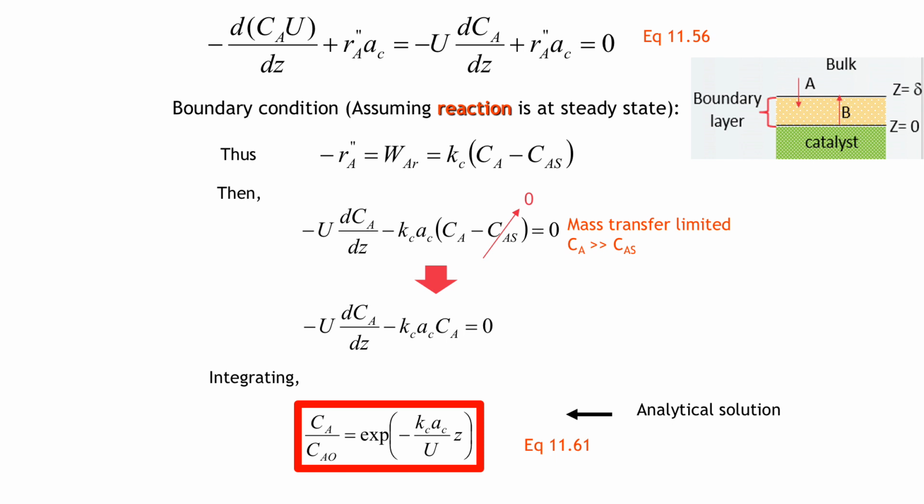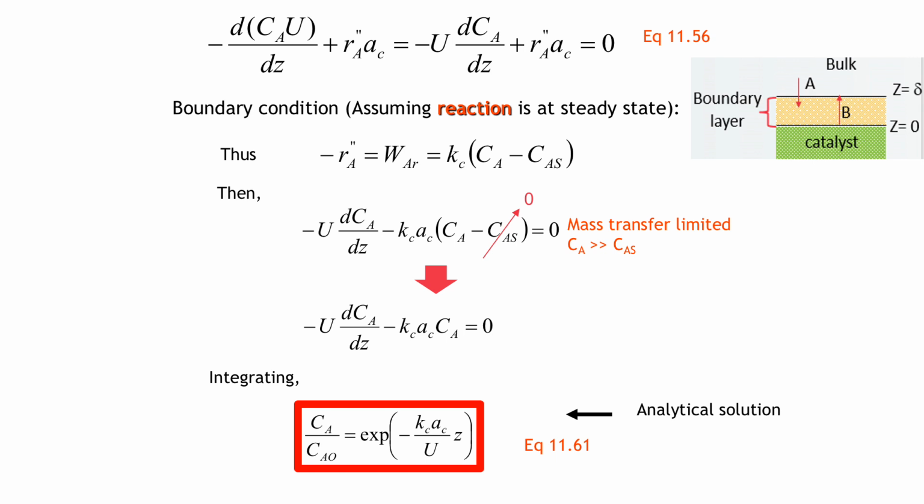So here we use two boundary conditions. The first one, we can assume that the overall rate of reaction, negative RA double prime, is equal to WAR.